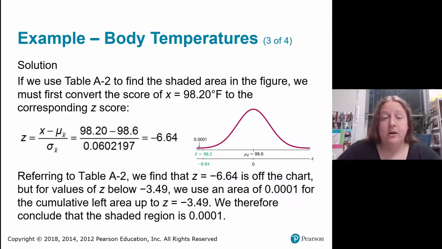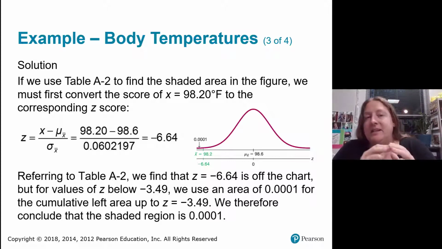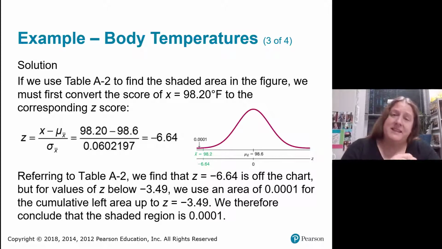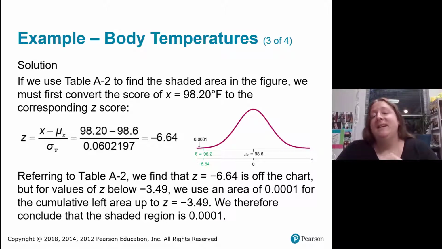So we label that on our drawing, and since we're interested in a body temperature as extreme as 98.2, and 98.2 is below our assumed population mean, then we're interested in getting body temperatures less than or equal to 98.2. So that means we're looking for the area to the left on our graph.